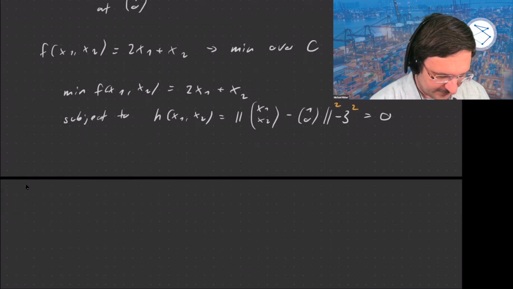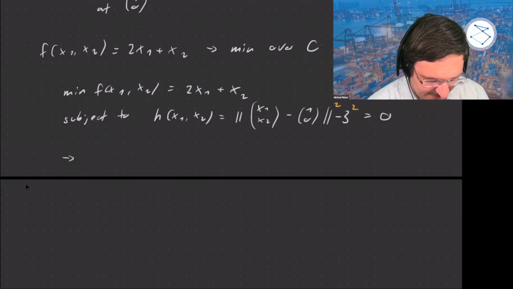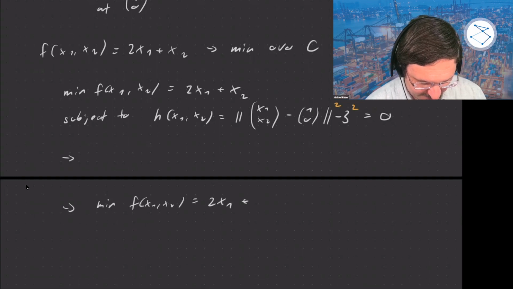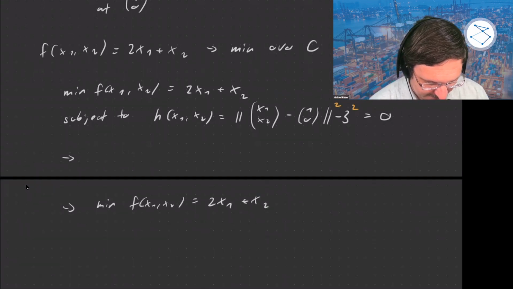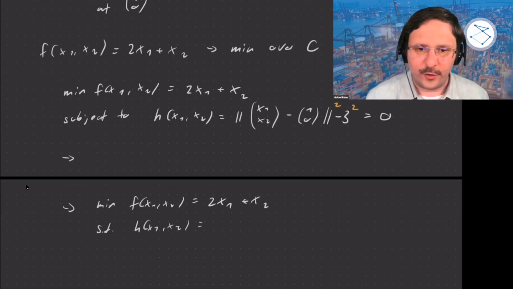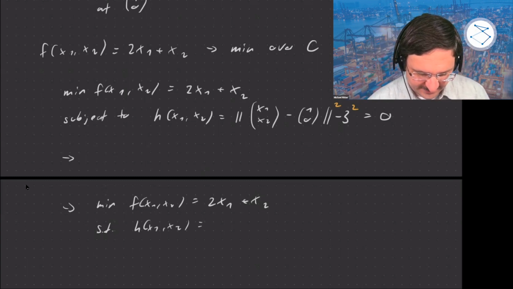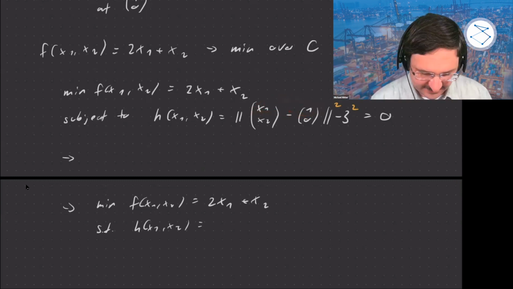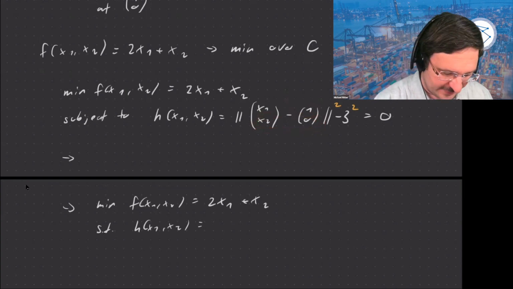So we could also reformulate that as: minimize f, which is 2x1 plus x2, subject to h, which is, if we write that norm explicitly, x1 minus 1 squared plus x2 minus 0 squared.